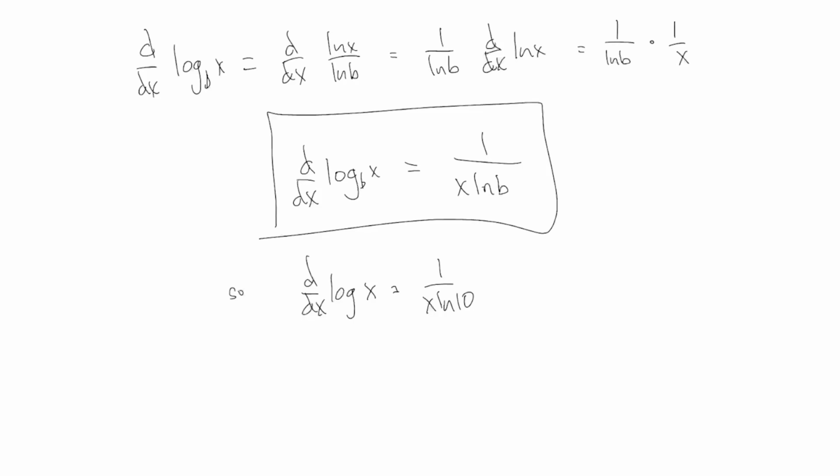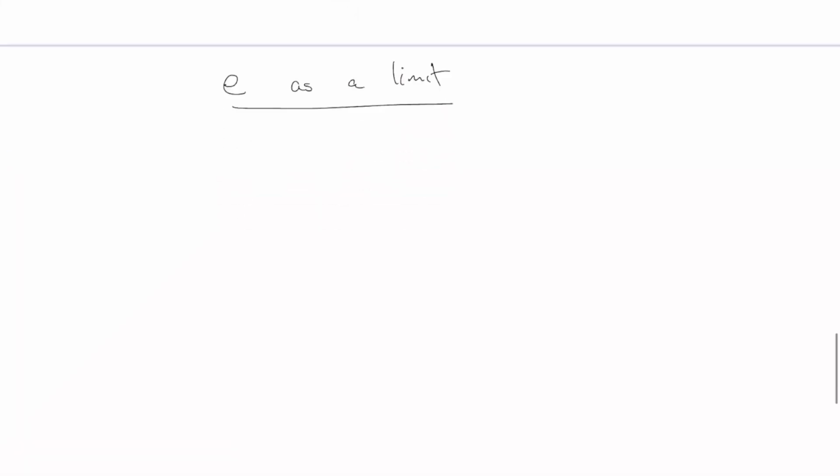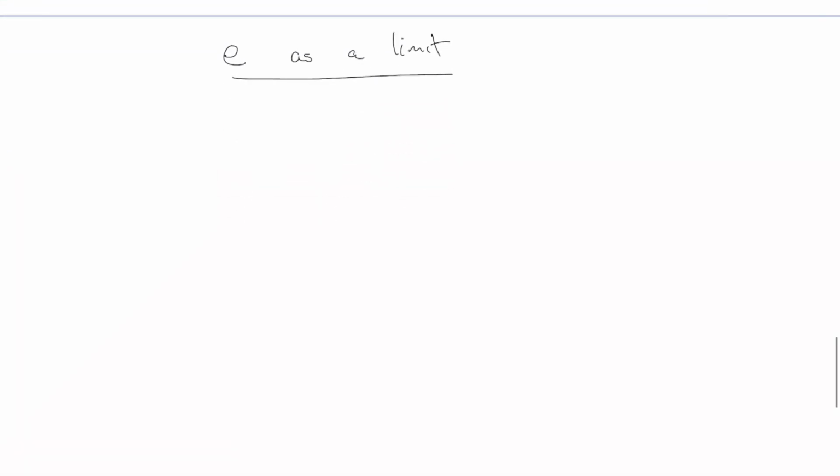All right, great. One more thing to discuss concerning all of this exponential and logarithms business, and then we will move on to something completely different. I thought we should at least briefly discuss the number e as a limit. This is probably something that you've seen before in high school.